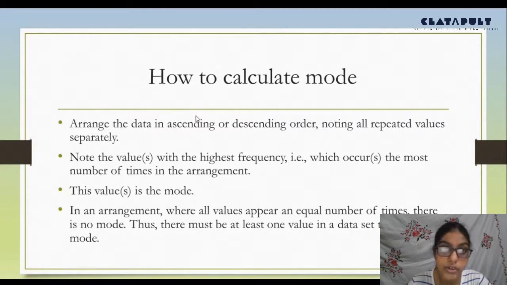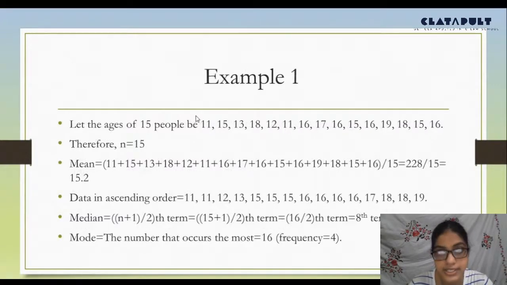Now let's move on to a few examples to exemplify how exactly to go about calculating this. The first example: let the ages of 15 people be 11, 15, 13, 18, 12, 11, 16, 17, 16, 15, 16, 19, 18, 15, and 16. These are the different age values of 15 people.